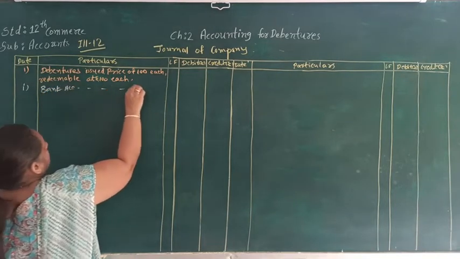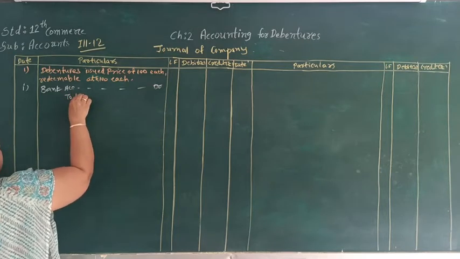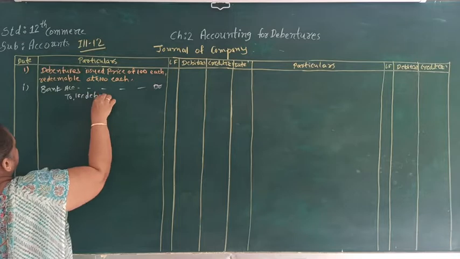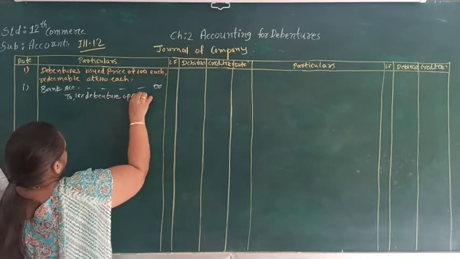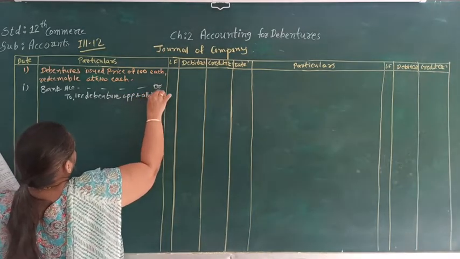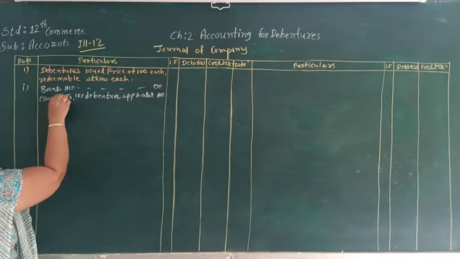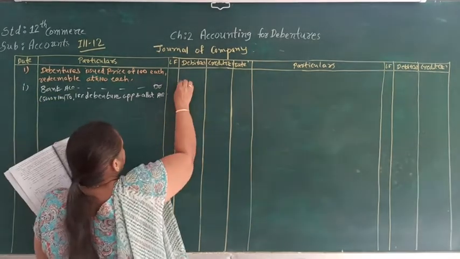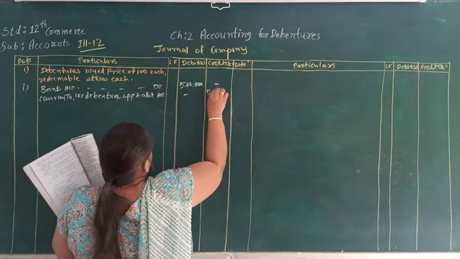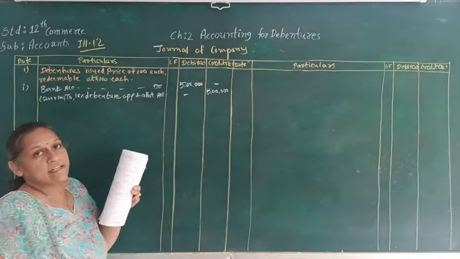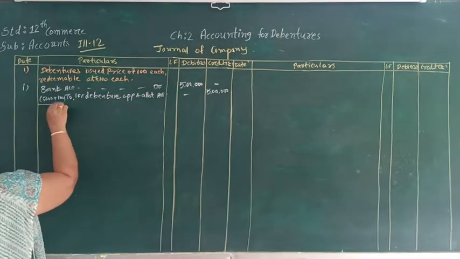Bank account debit to 10% debenture application and allotment account. Here the debentures are 5,000 and the face value is rupees 100, so that will be 5 lakh. Here in the sum it is clearly stated there is no need of narration, so we are not going to write the narration.